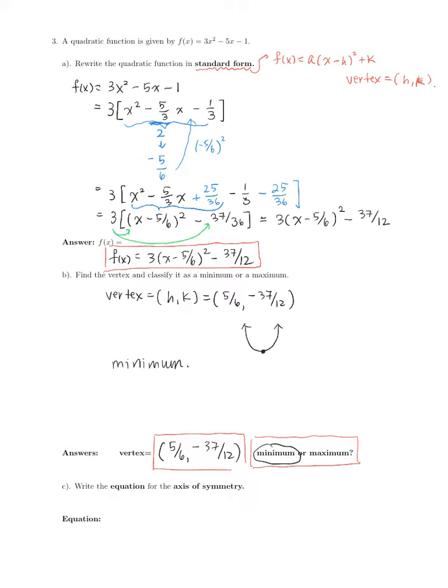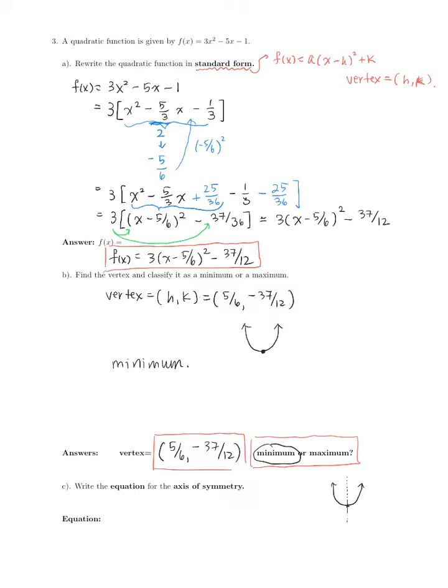All right, now, next one. Write the equation for the axis of symmetry. The axis of symmetry goes directly through the vertex. Notice that it's always x equaling the x value of your vertex.